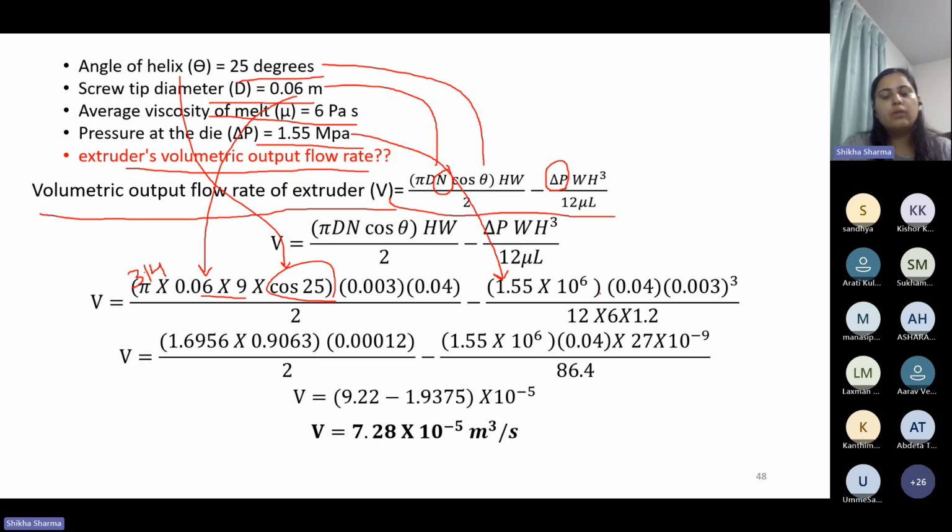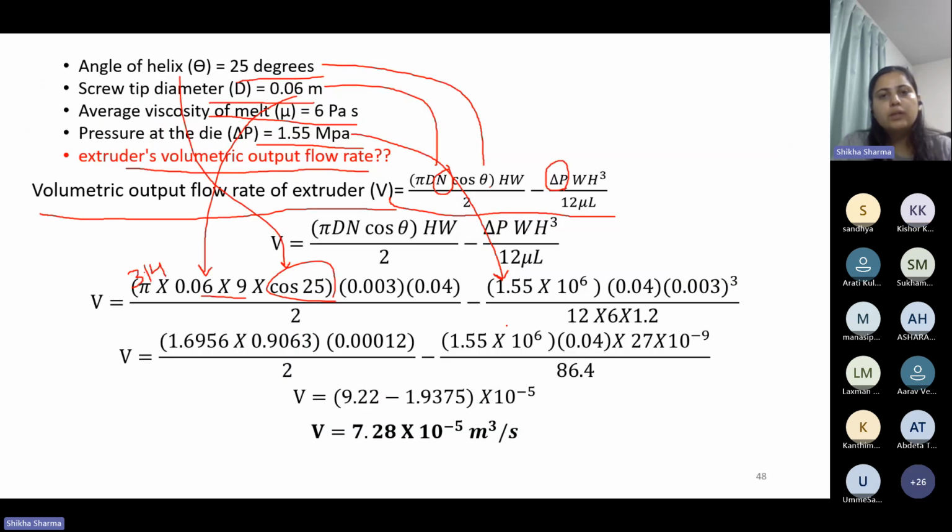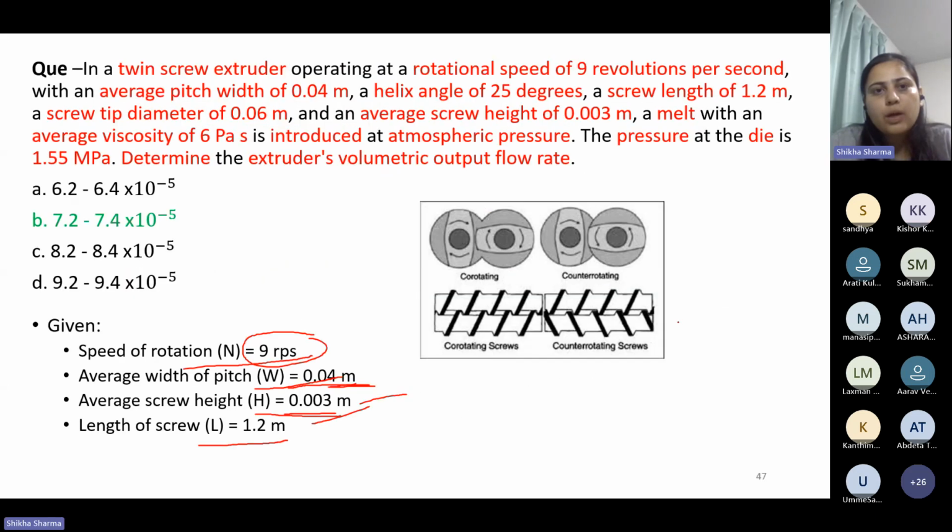So 1.55 into 10 to the power 6 pascals into W, which is 0.04, and H cube, which is 0.003 cube. Divide by 12 into the average viscosity of the melt, which is 6 pascal second, into L, which is 1.2 meter.